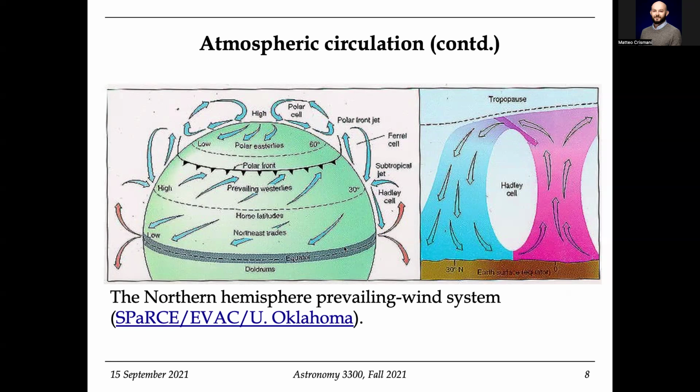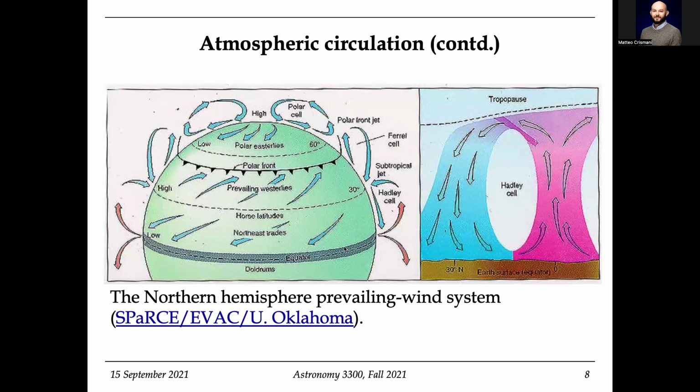And that just tells you which direction they're coming from, not which direction they're going to. So the prevailing westerlies come from the west and go to the east in a very normal and not confusing way. So if you want to go west, you would use the easterlies or the trades. If you want to go east, you would use the westerlies. Cool, right? Very easy to understand.